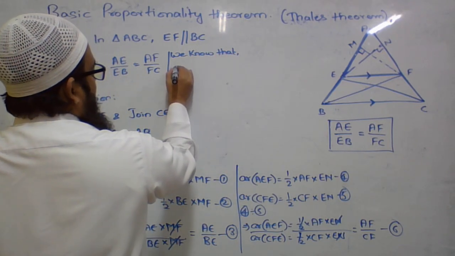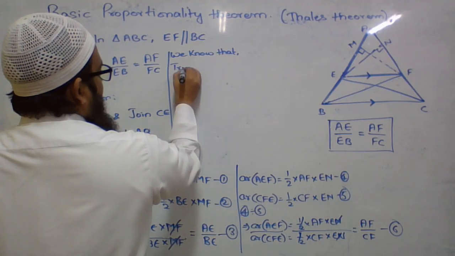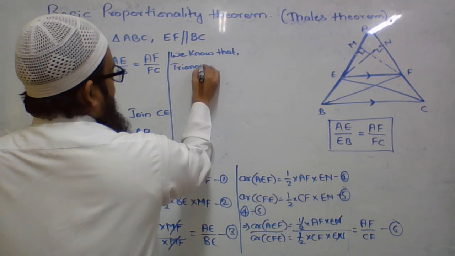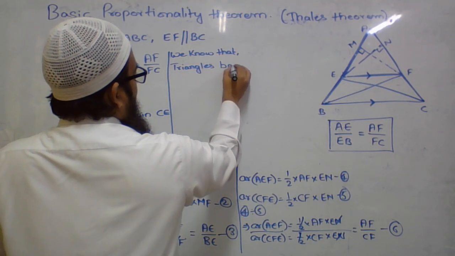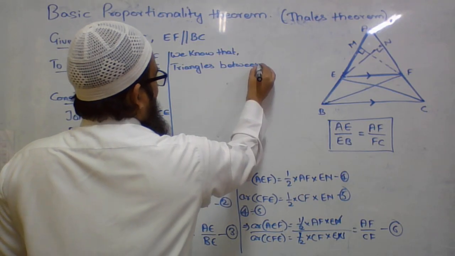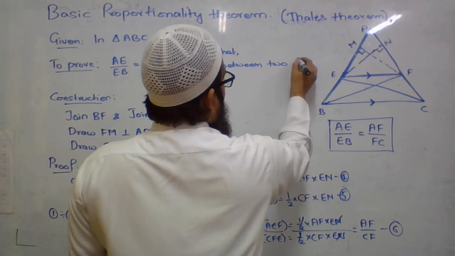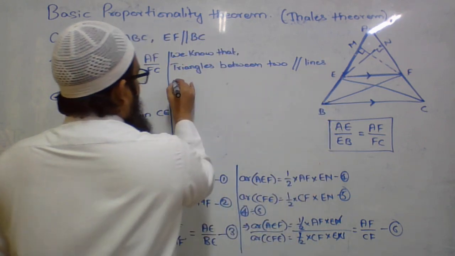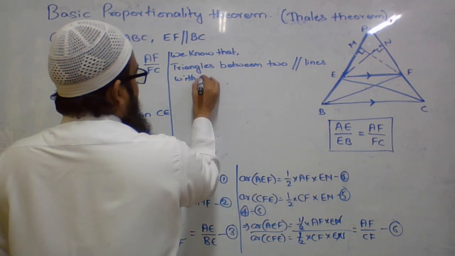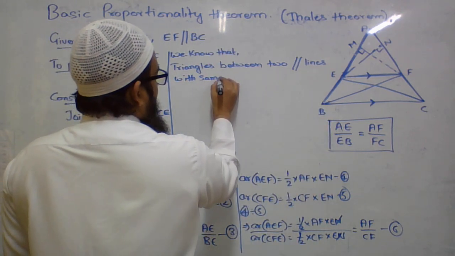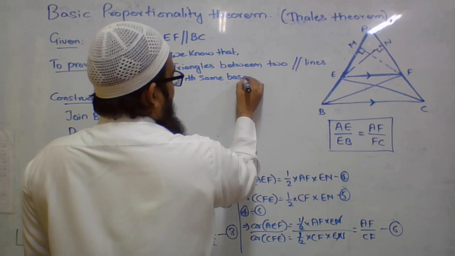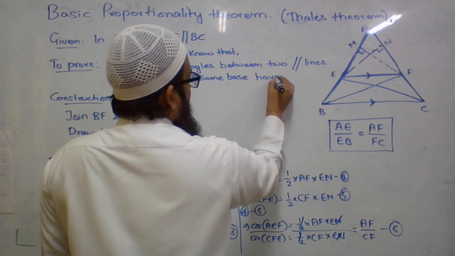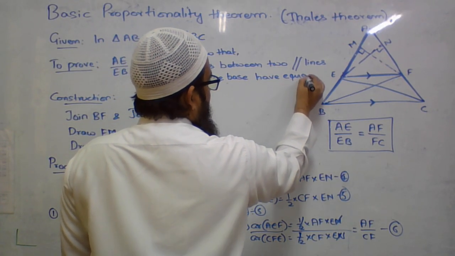That triangles between two parallel lines, I'm writing in shortcut, two parallel lines with the same base, have equal areas.